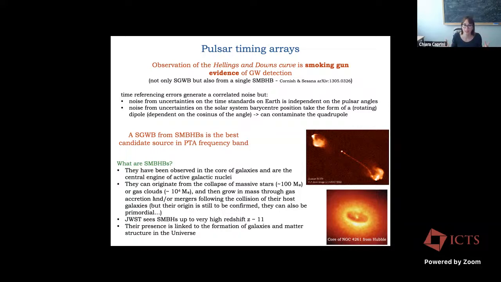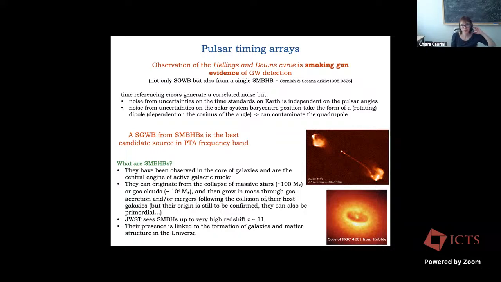It is believed that these initially collapsed black holes will grow in mass with accretion or mergers, and the mergers in particular are due to the merger of their host galaxies. But nowadays it's also very fashionable to interpret these as primordial black holes, so their origin could also be primordial.